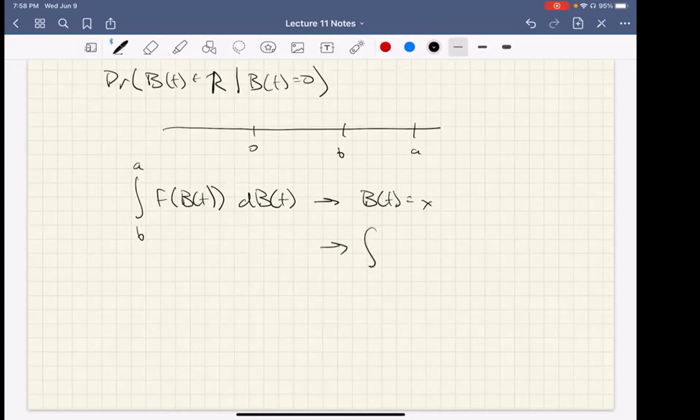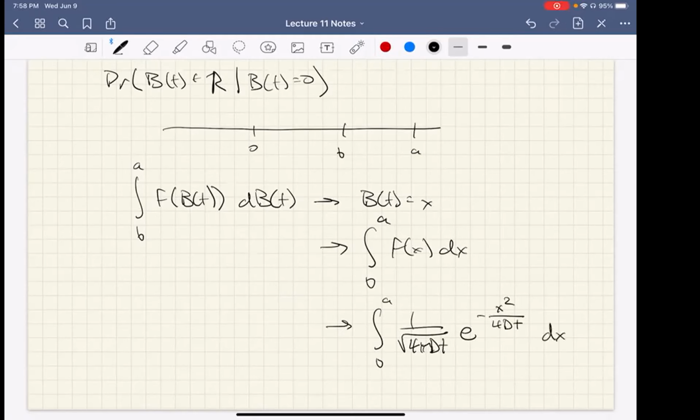So therefore, this is the integral from B to A, f of x dx, where x is a Gaussian random variable. So this becomes the integral from B to A of 1 over root 2 pi. The variance is 2 dt. So in fact, this becomes 4 pi dt e to the minus x squared over 2. Actually, it's 2 times 2 dt, so that again becomes 4 dt, dx.